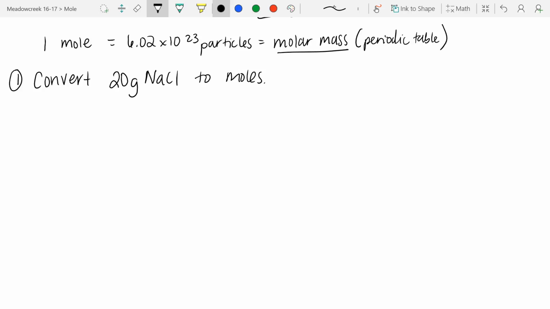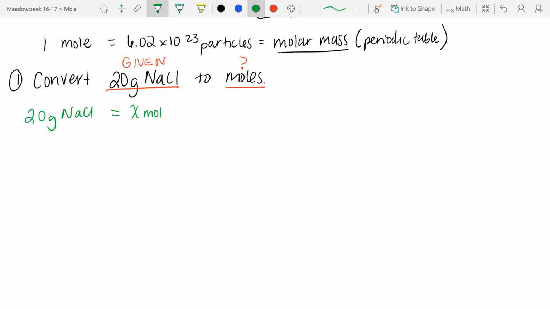The first thing we start off with is what's given to us. They give us this in the problem. This is given. And what we're trying to find is the number of moles. We're not sure what it is. So when we're writing out our work, we always start off with our 20 grams of NaCl, and we're going to set it equal to X number of moles, because we're not sure.